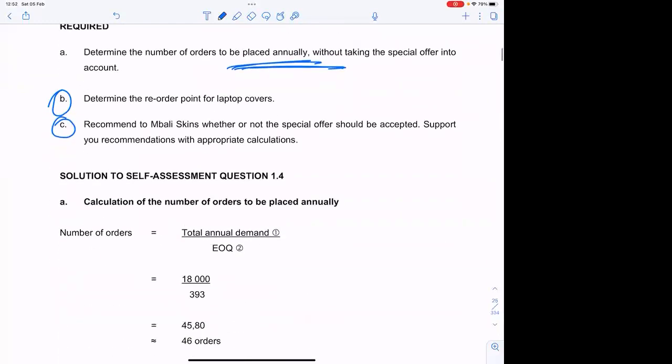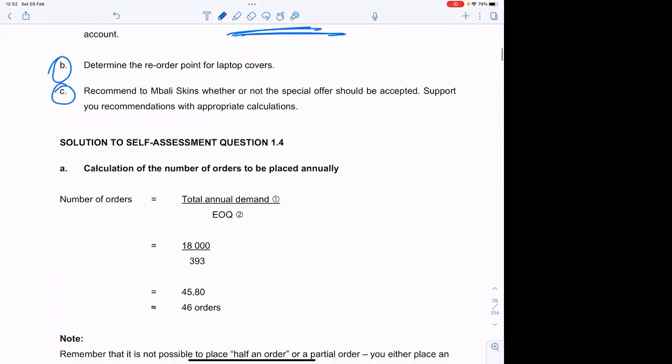Currently, the entity is applying the economic order quantity, and their EOQ is 393. So these guys want us to order more units each order. It might reduce our purchasing price and our number of orders, but it will increase our holding cost.